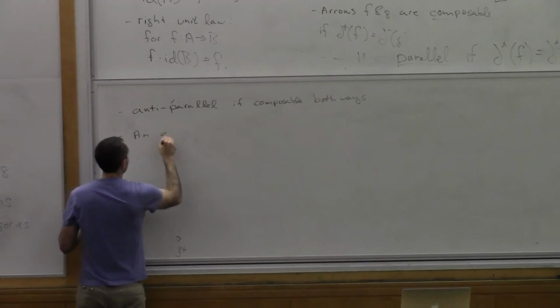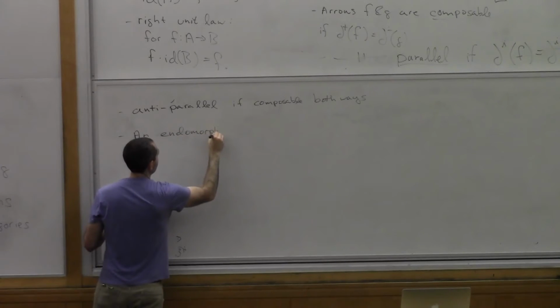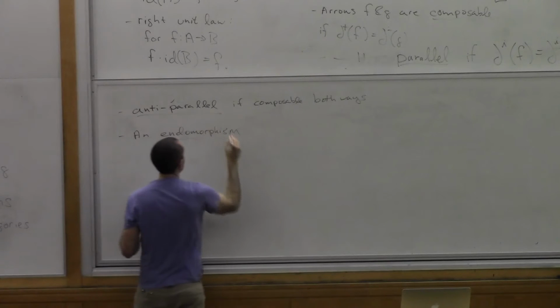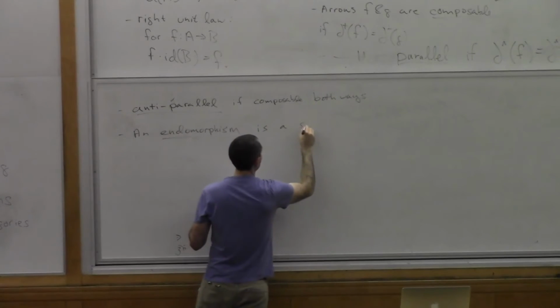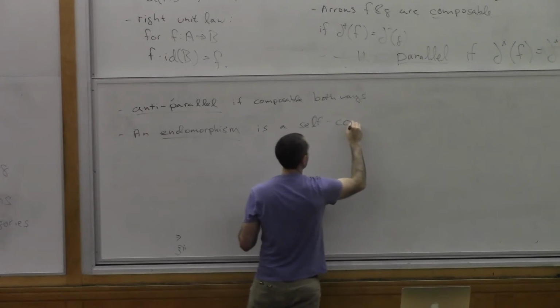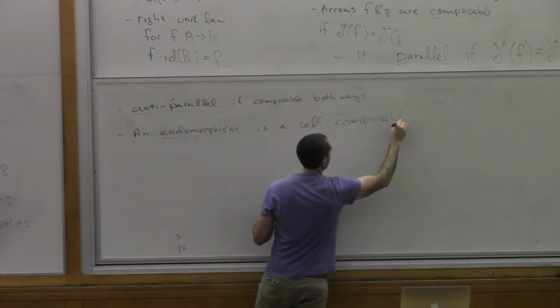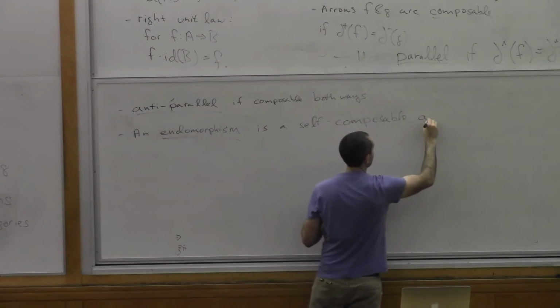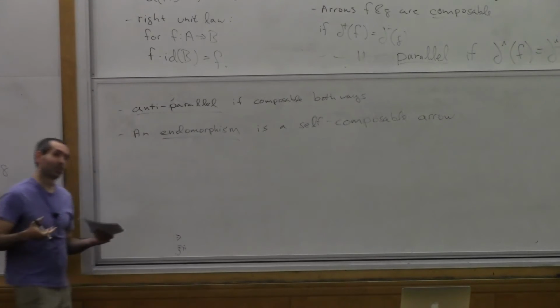An endomorphism is a self-composable arrow. So that means in particular its domain is equal to its codomain.